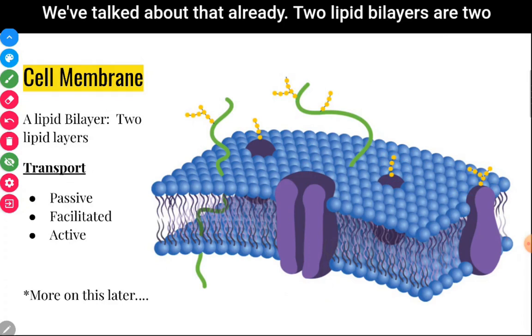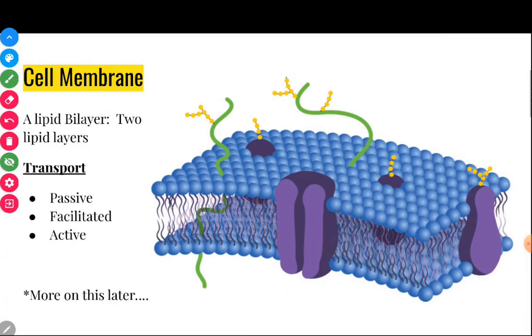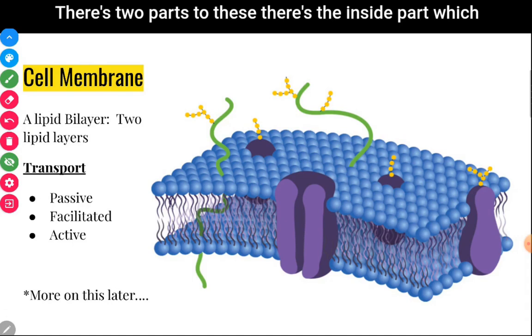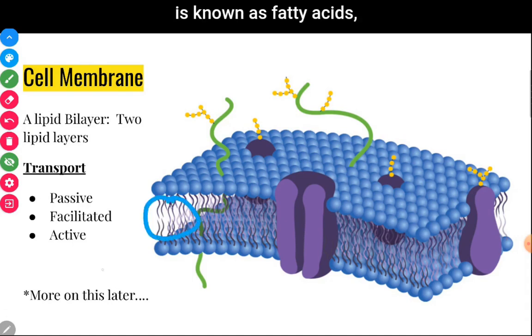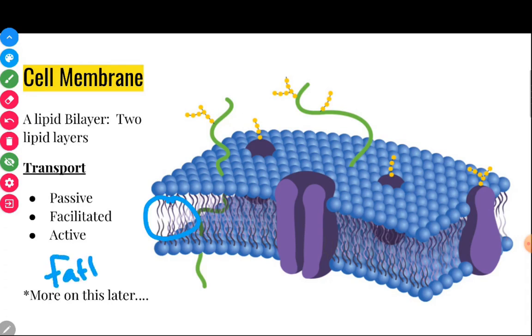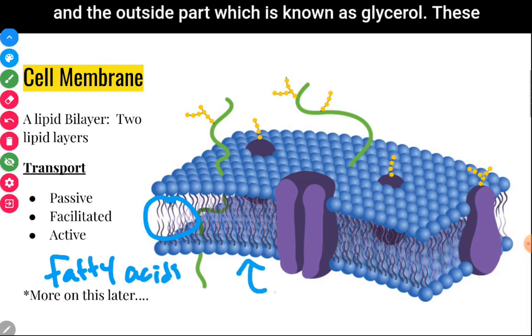Lipid bilayers are 2 layers of fat lipids. There's 2 parts to these. There's the inside part, which is known as fatty acids, and the outside part, which is known as glycerol.